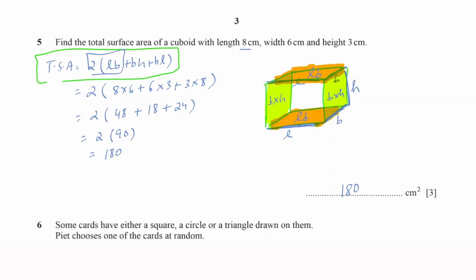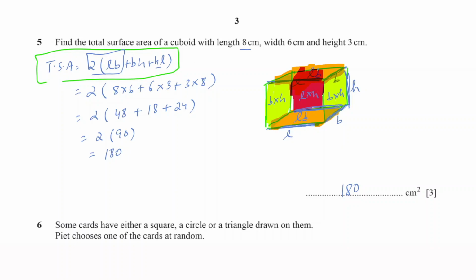The other part, the front part, is left. Let me draw it using another color, red. I'm drawing the back first, because you can see the back is the length and height, L into H. That's what I have written, L into H or H into L, both the same.